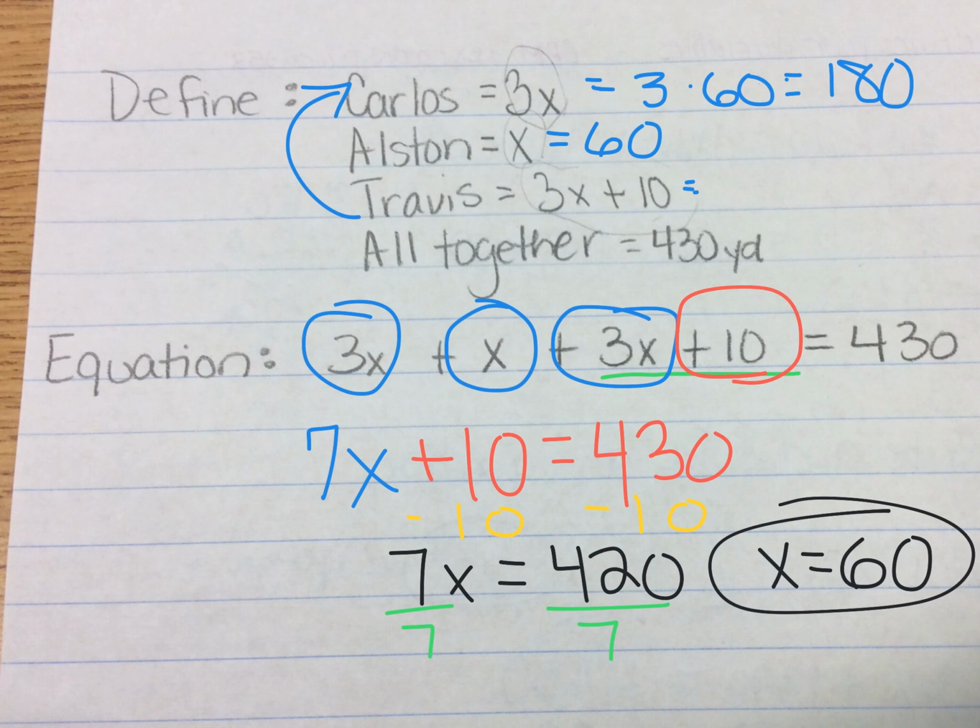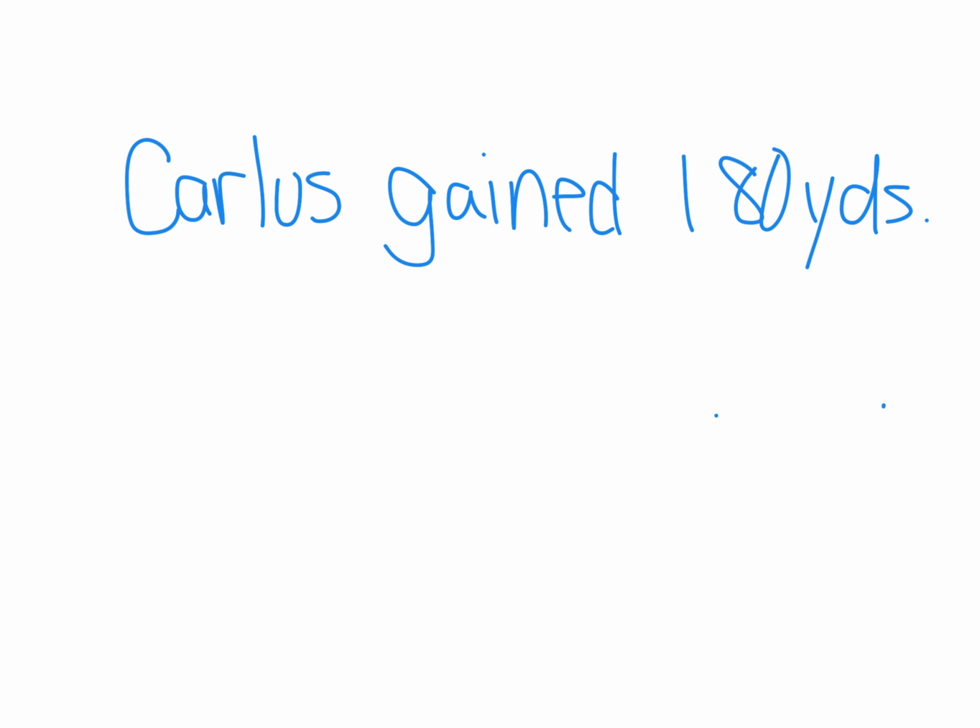So if Carlos had 180, then Travis had 190. So the question asked how many yards did Carlos gain? So our sentence needs to answer that question. So Carlos gained 180 yards. So here's the last thing. Carlos gained 180 yards. That's your sentence that answers the question.